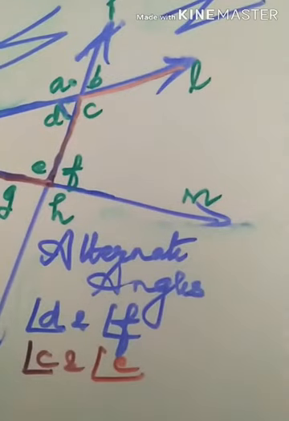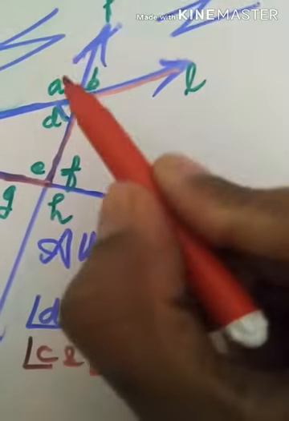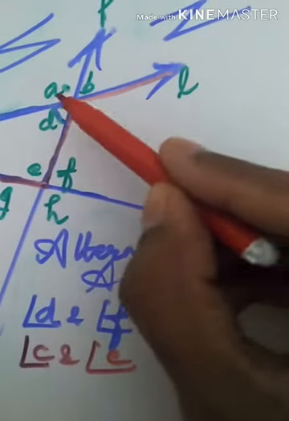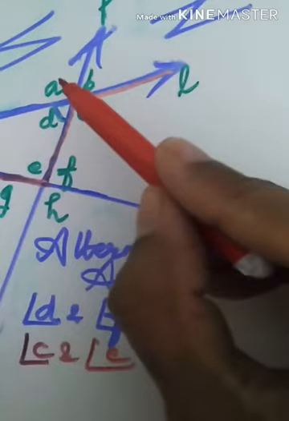Now we have another type of alternate angles called exterior alternate angles. Exterior alternate angles are very easy to identify. One angle will be on the exterior part, the open part. If you see, angle A is in the open part, lying outside.